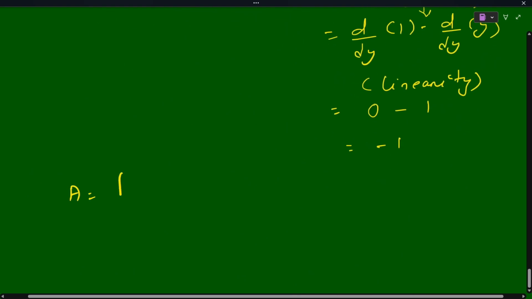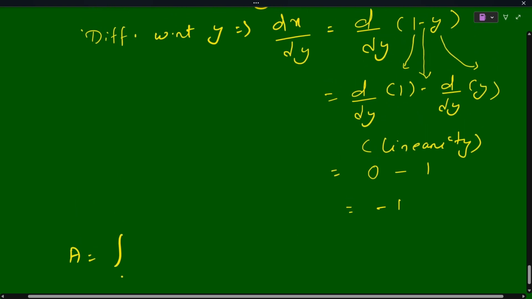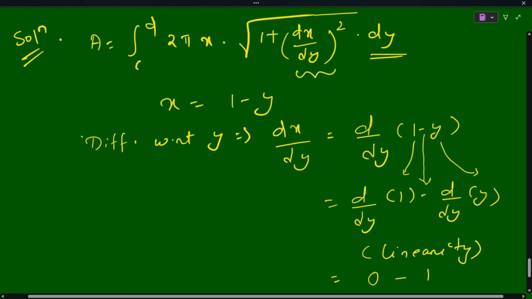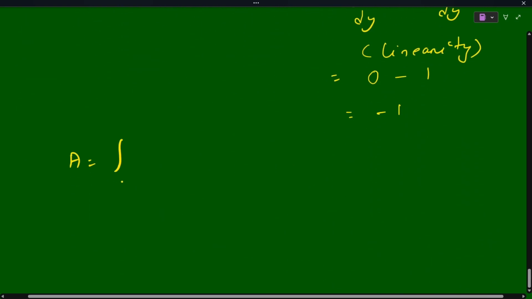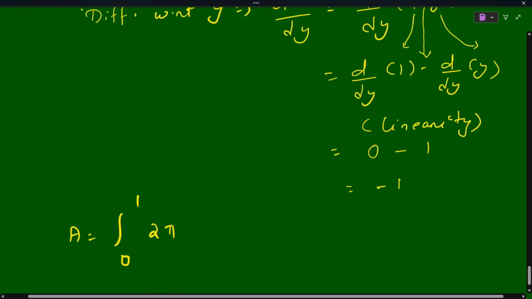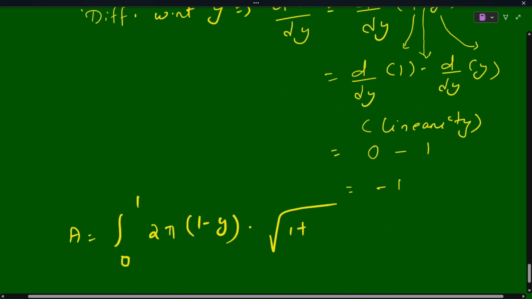So now let's put the values in the area formula. The limits are from 0 to 1, so A is equal to the integral from 0 to 1, as the limits are given.